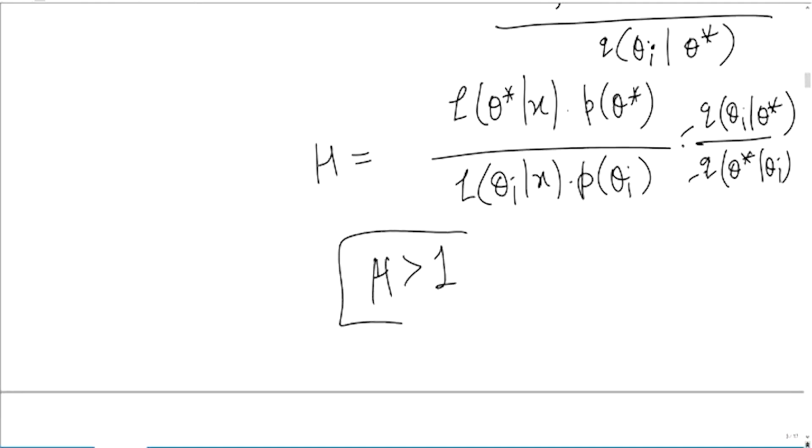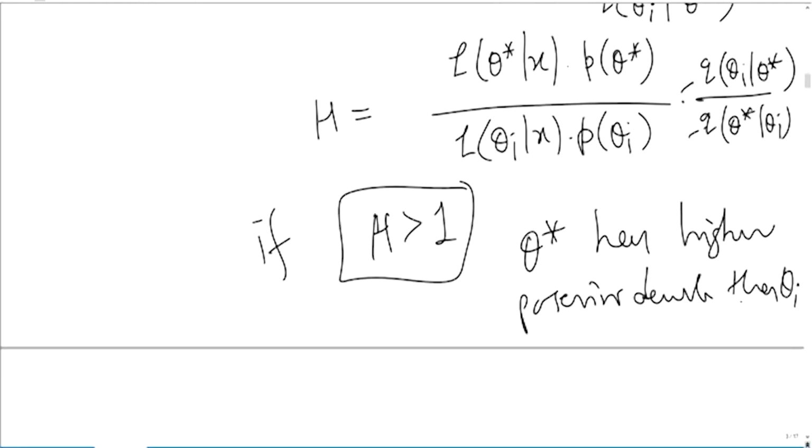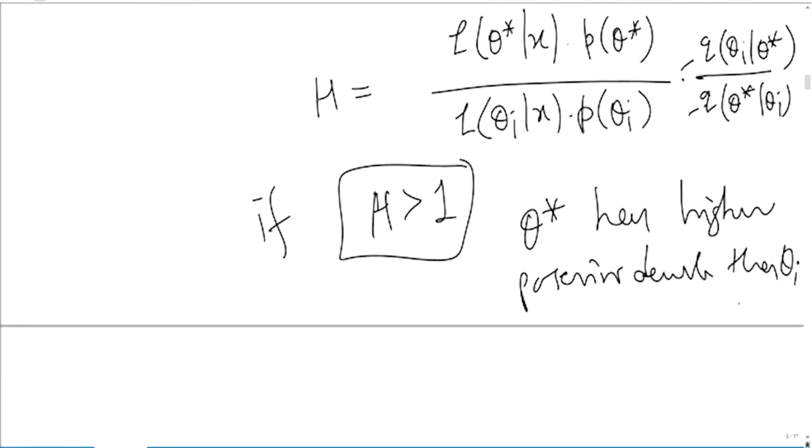If h is greater than 1, that means theta star has higher posterior density compared to theta I. That's what it means. And if theta star has higher posterior density, we should accept it. So in that scenario, we should accept theta star. So that is the role of h.